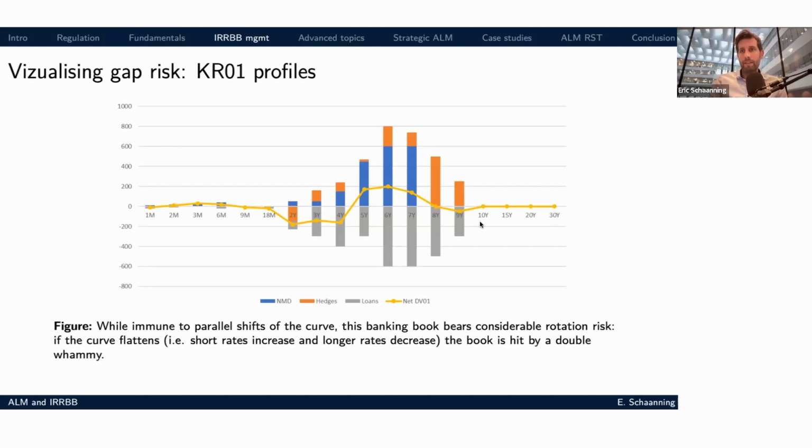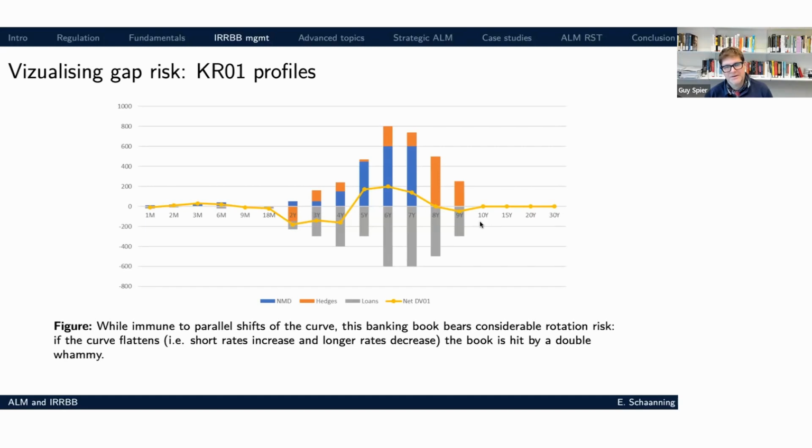And that 0.5% more that you should have issued it for, that's your economic loss. So the reason why that's negative is that if interest rates rise on that part of the curve, you've got fixed rate loans, but the funding for that part of the balance sheet is floating rate, and therefore you've got a loss in that tenor of your portfolio.